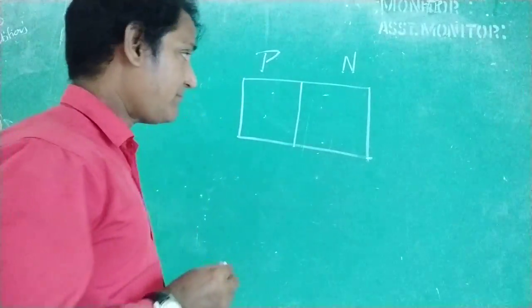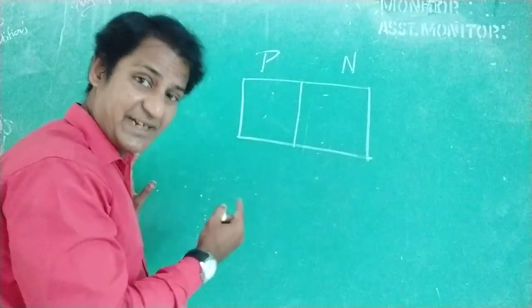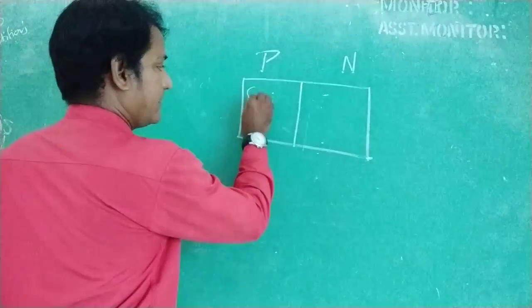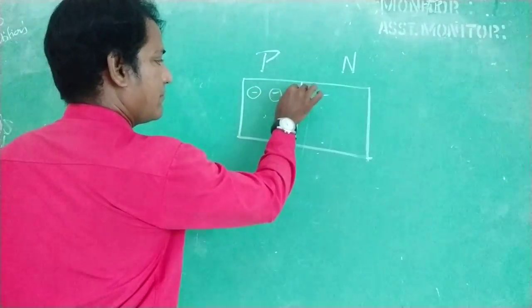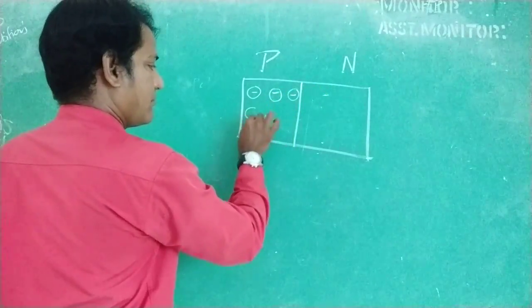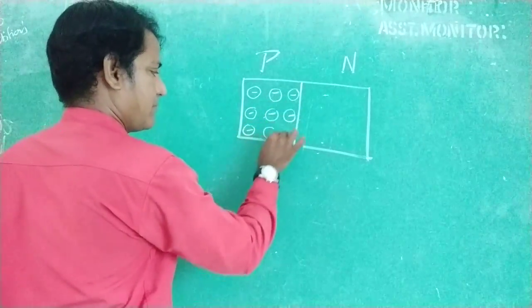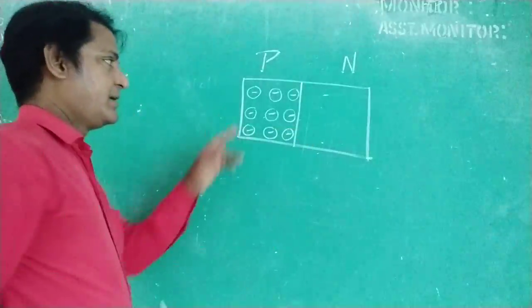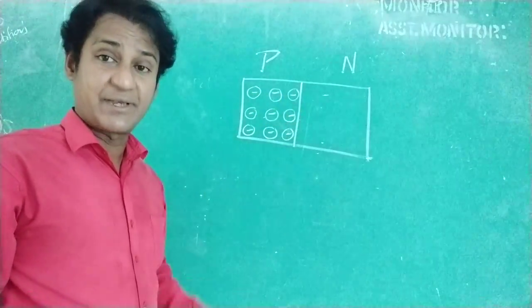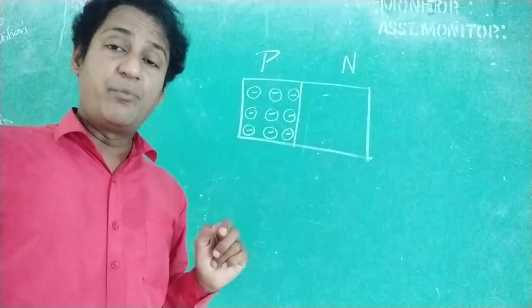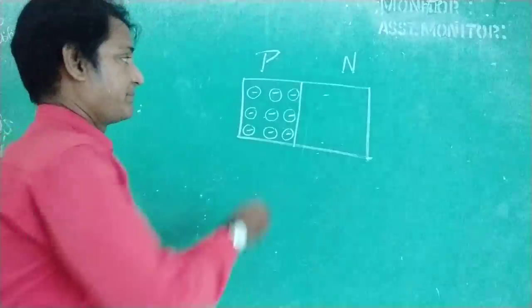Now, here in this P type or P region, this encircled negative sign indicates the immobile negative ions. I'll say why.